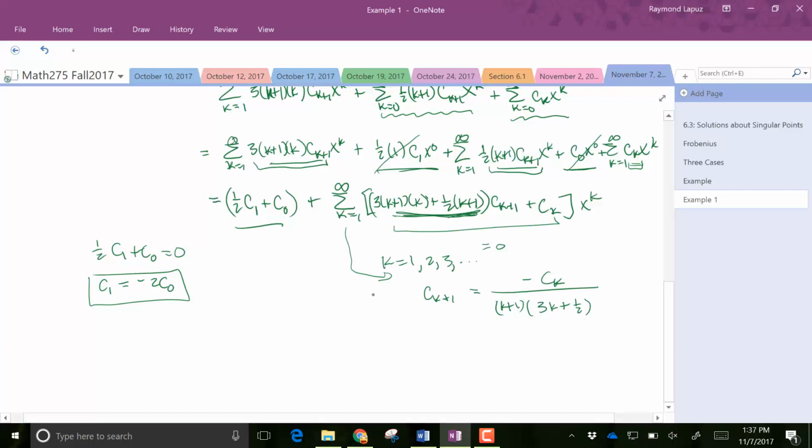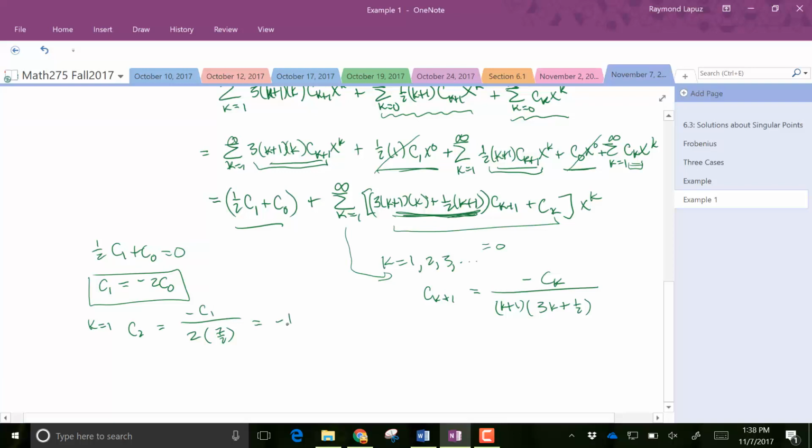So that's what we'll do. We'll find the pattern. When k is equal to 1, we get c sub k plus 1, which is c sub 2, equal to minus c sub 1 divided by, now let's put a 1 in here, this is going to be a 2 times 3 7/2. Is that right?